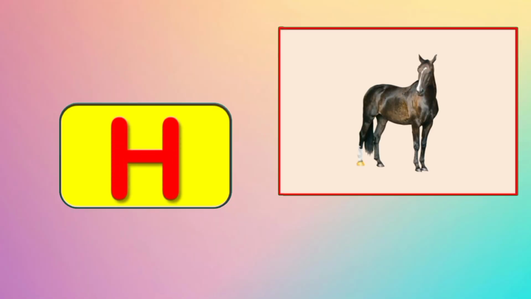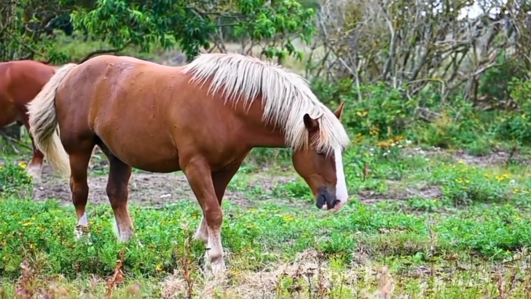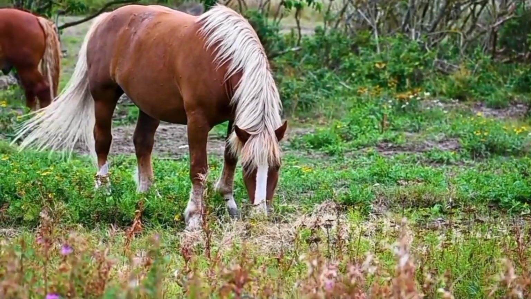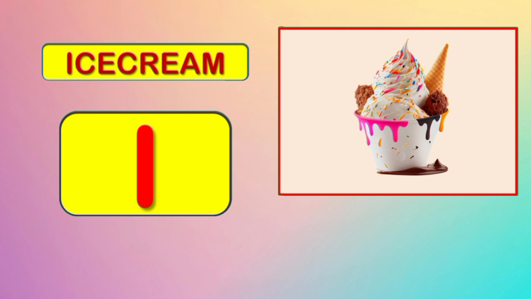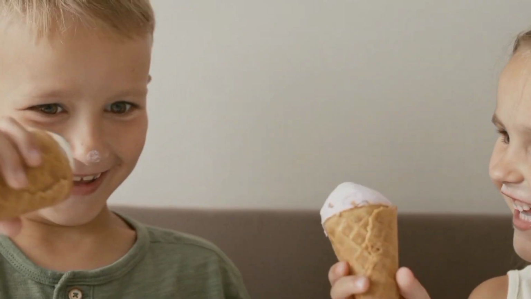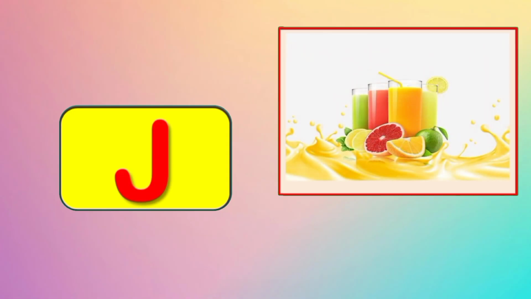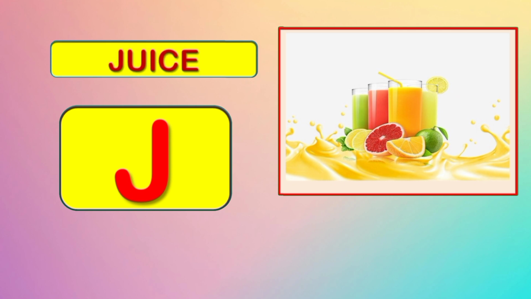H. H for horse. I for ice cream. J. J for juice.